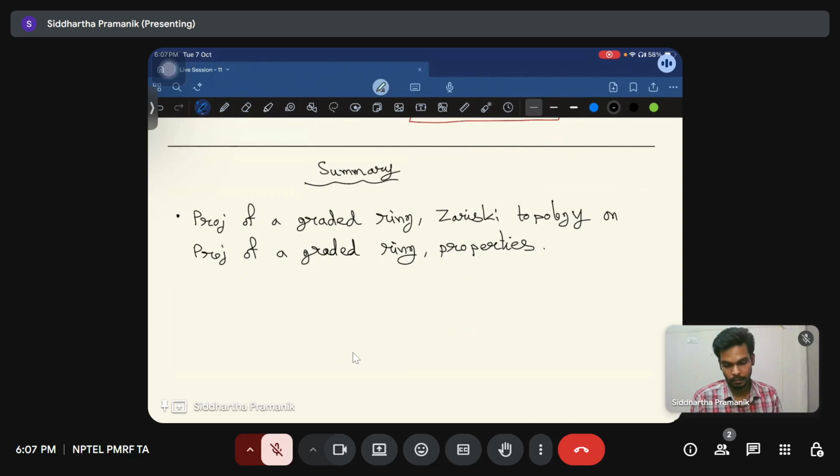We have also seen the relation between this Proj of a graded ring and the n-dimensional projective space.